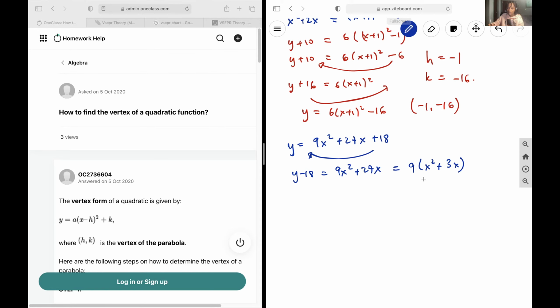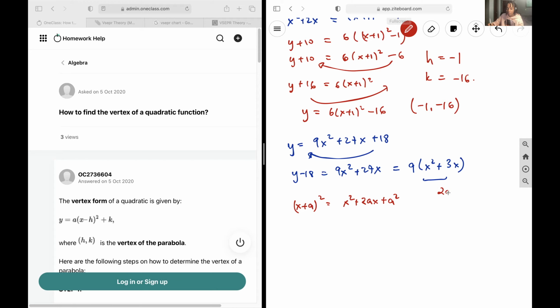Okay, and then now we want to complete the square. We're going to do it on the side in a different color. So we want to figure out what square will give us that 3x, and it's not as direct as the 2x. So we know that x plus a squared is going to give us x squared plus 2ax plus a squared.